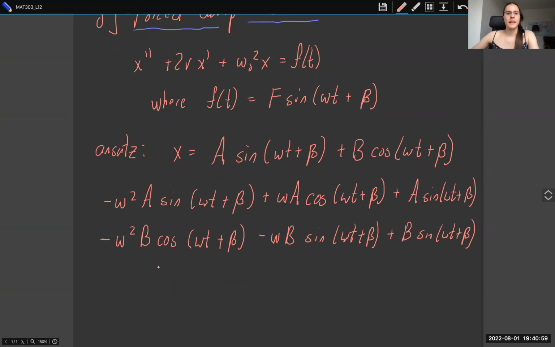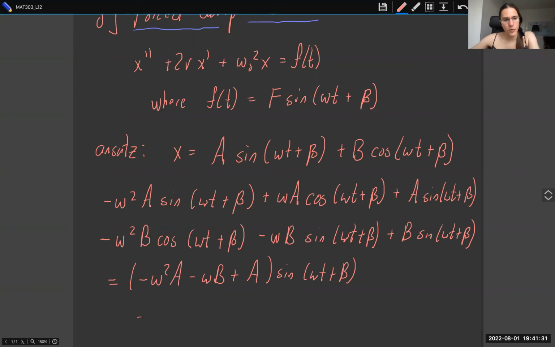So overall, what that's equal to is, if I group it with the sine terms, which is what I care about, negative omega squared a minus omega b plus a, sine omega t plus beta.